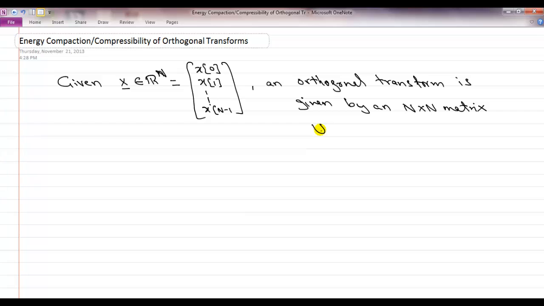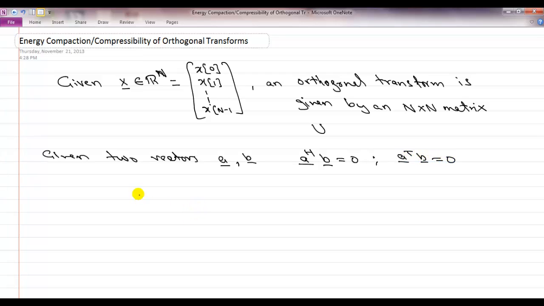So orthogonality in linear algebra, for example, is that if you are given two vectors A and B, if they are complex valued, then orthogonality is defined as A Hermitian B equals 0. If they are real valued, then it's defined as A transpose B equal to 0.